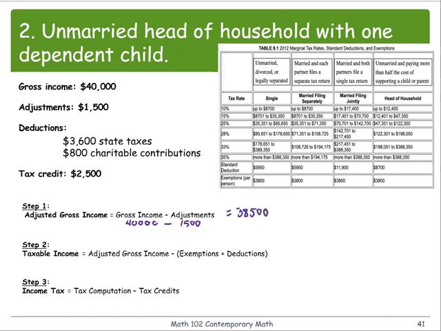For step number 2, we're gonna calculate the taxable income. The adjusted gross income from the previous step, or 38,500.